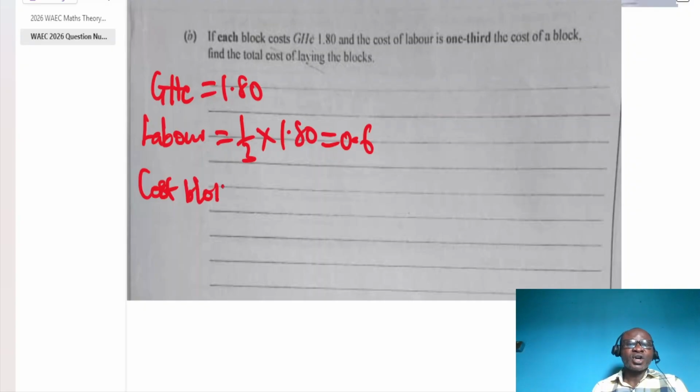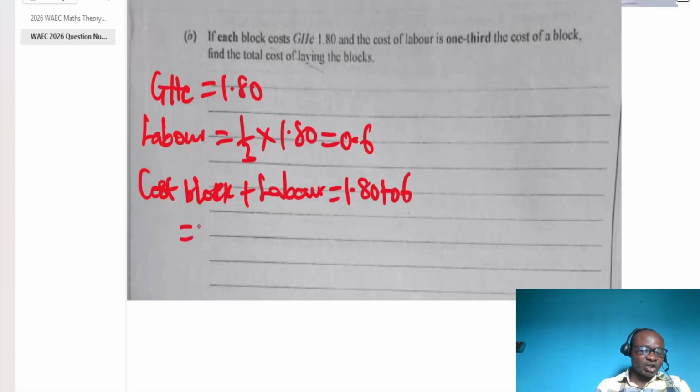Meaning that the total cost of block, cost of block plus labor, is going to be 1.80 plus 0.6. That gives us a total of 2.40.